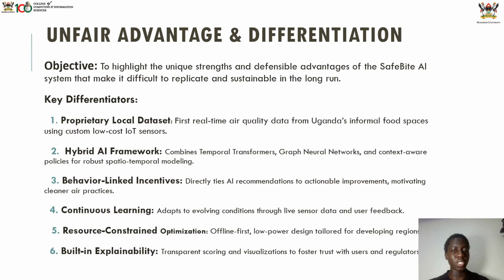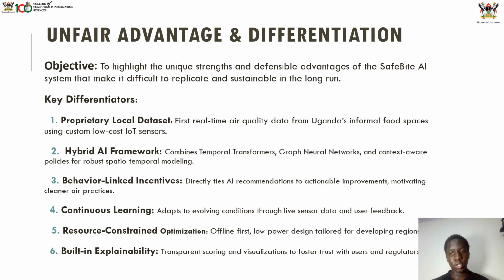This is because it combines temporal transformers, graph neural networks, and context-aware policies for robust spatial-temporal modeling, and then also behavior-linked incentives, which directly tie AI recommendations to actionable improvements, motivating clean air practices.